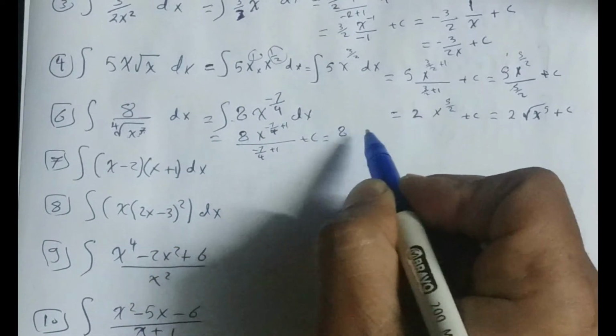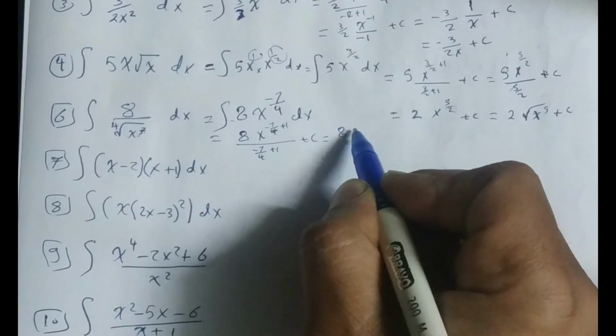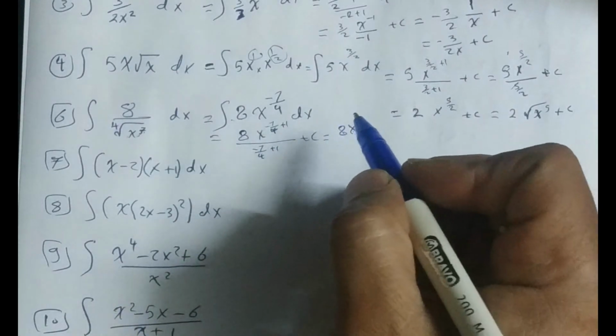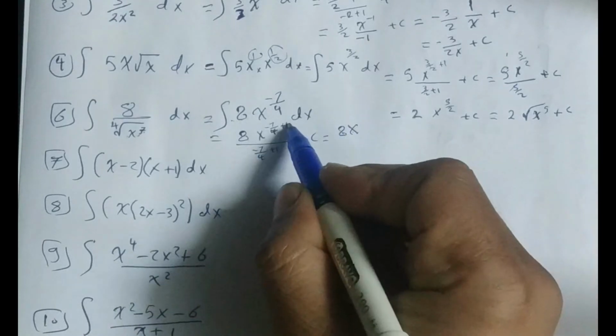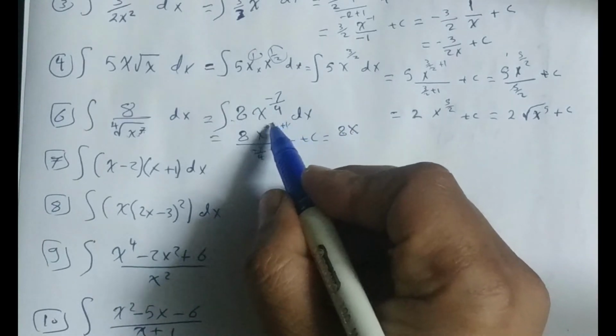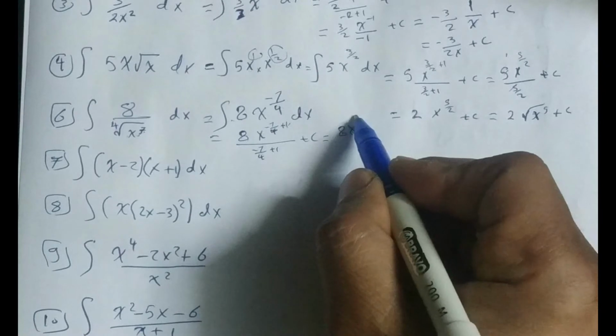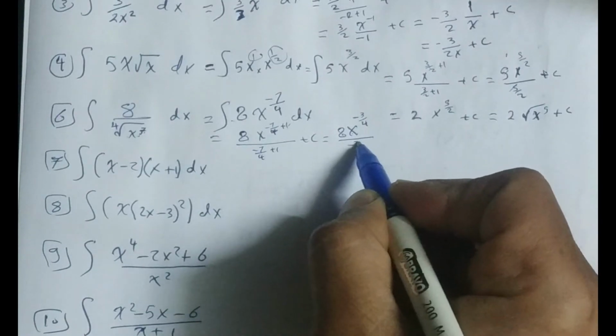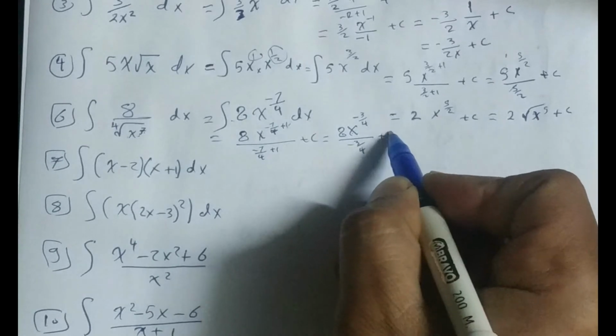It will be 8 x to the power negative 7 over 4 plus 1. Negative 7 plus 4, it will be negative 3 over 4, plus constant.